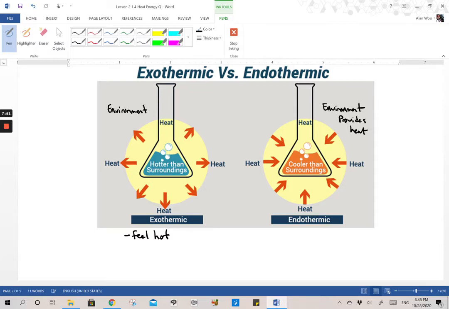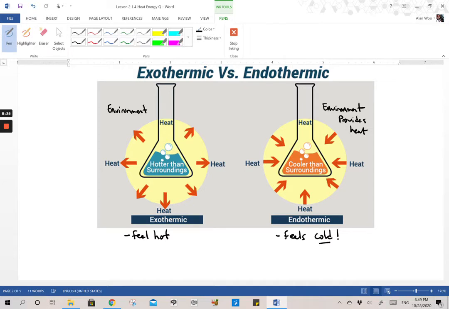So when you touch that substance, it actually feels cold. But the only reason why it feels cold is because it's absorbing heat from the environment. And when you're touching that object, you are actually part of the environment. So it's absorbing heat energy from your body. And if heat energy is leaving your body, that's why you feel cold.